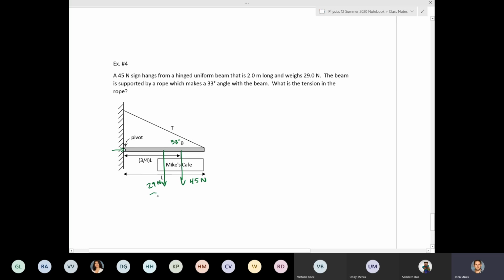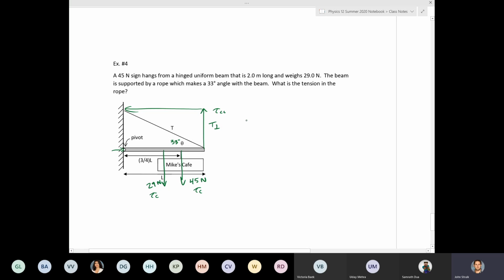So this is torque clockwise, this is torque clockwise. And then the force that causes the counterclockwise torque is the tension in the rope. Okay, and specifically this tension right here, the perpendicular tension. And so this is your counterclockwise torque.